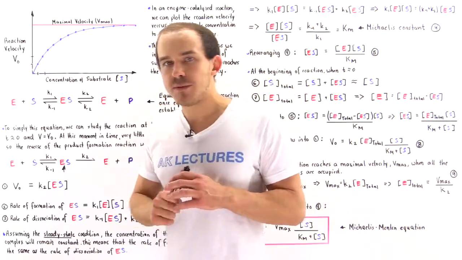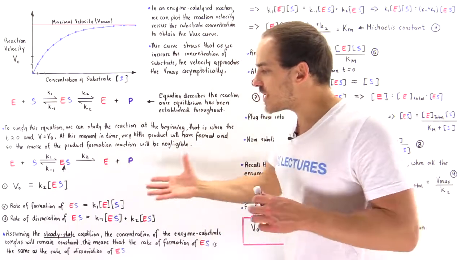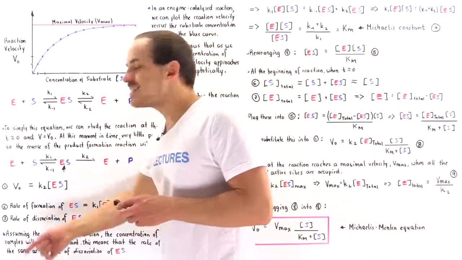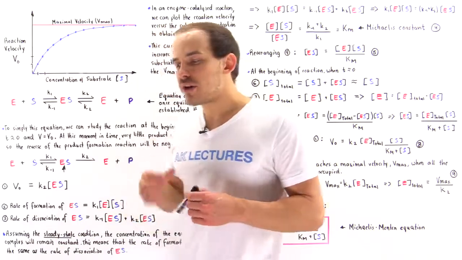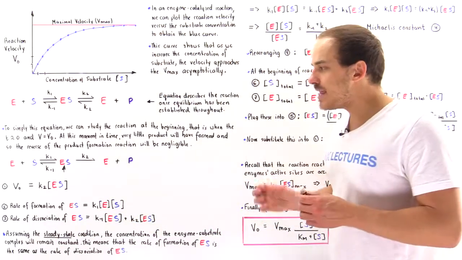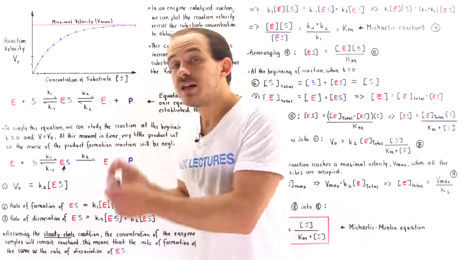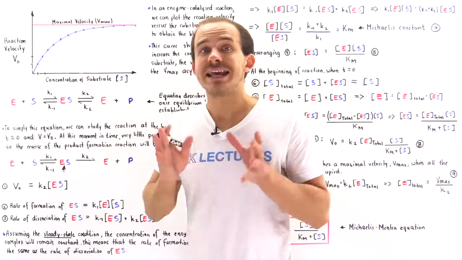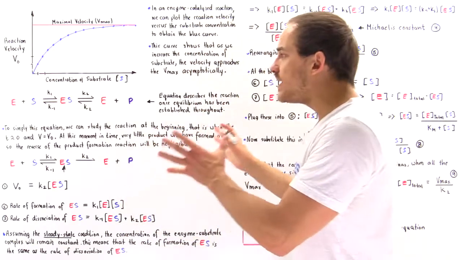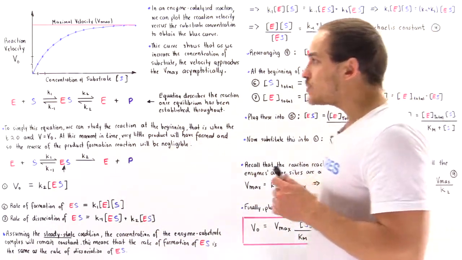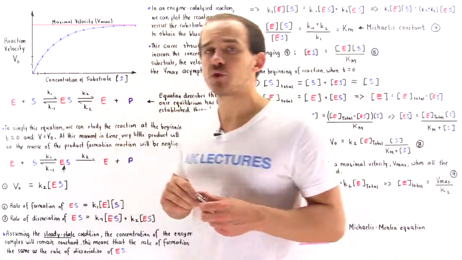So before we actually continue, now we have to make an important assumption. And the assumption that we make is that our reaction is at a steady state condition. And what a steady state condition actually means is that the concentration of the intermediate involved in our reaction is not changing. And the only intermediate we have in our reaction is the enzyme substrate intermediate.